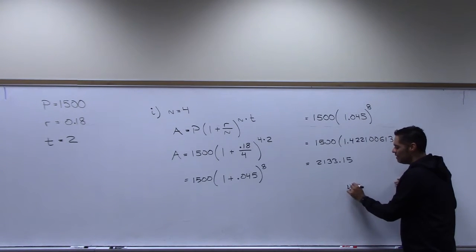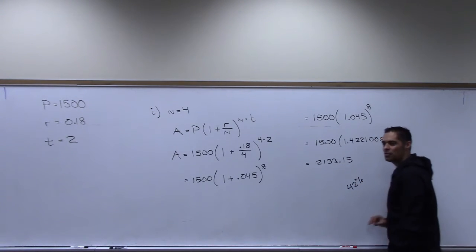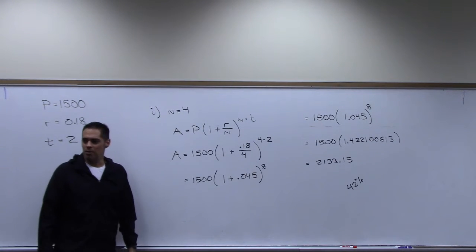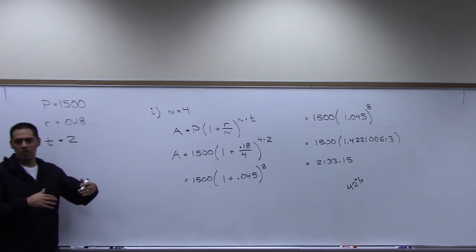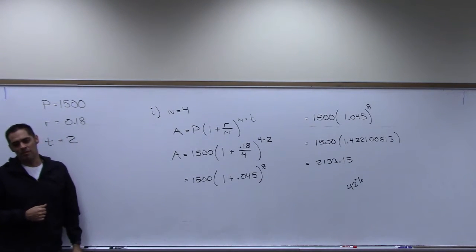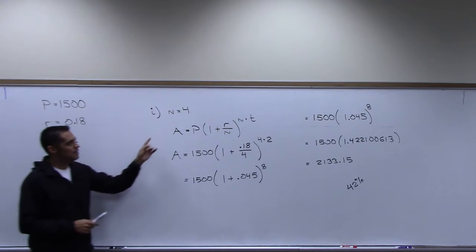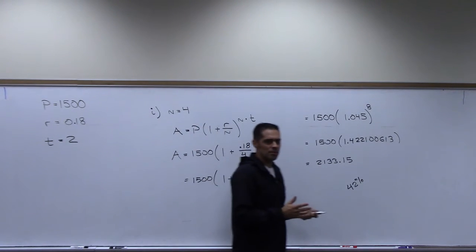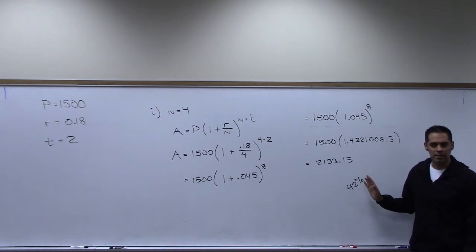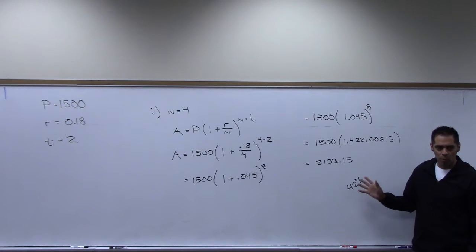That means you paid 42% more than what you borrowed. You not only paid back what you borrowed, you paid back 42% more. That's crazy. So this 18%, even though it looks like it's just 18%, it's not, because you carried it over 2 years. It's more than that.